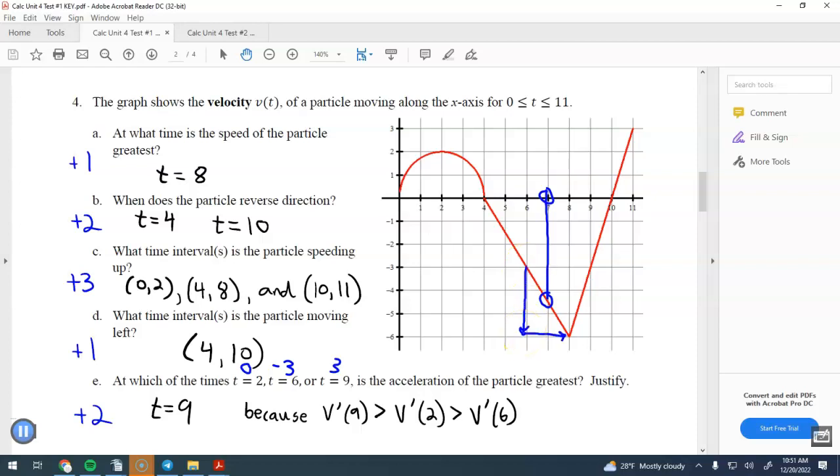Because I've got to go from velocity to acceleration, so I'm going down one level, which means take the derivative. And on a graph, the way you take derivatives is look at the slope. These are halves. So the slope at 2 is 0. The slope at 6 is negative 3 halves. And the slope at 9 is just positive 3. And so it's just which one is the biggest.